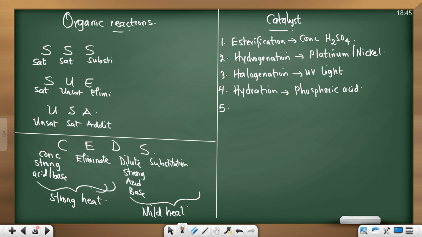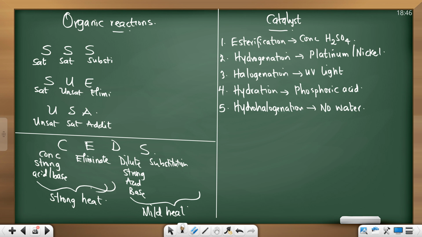There's one that has no water. I think it's hydrohalogenation. This one, there must be no water.